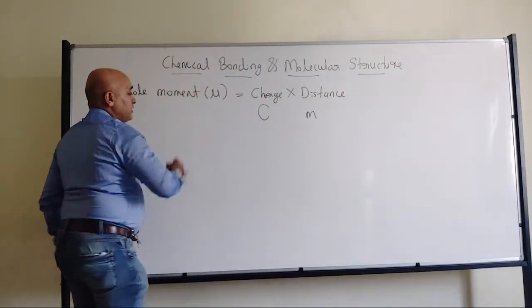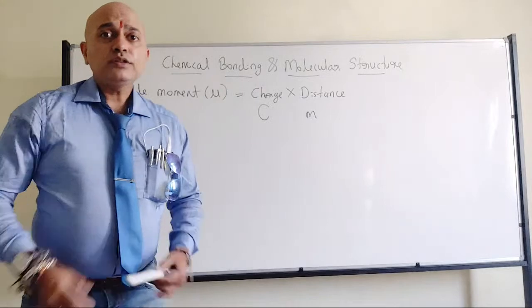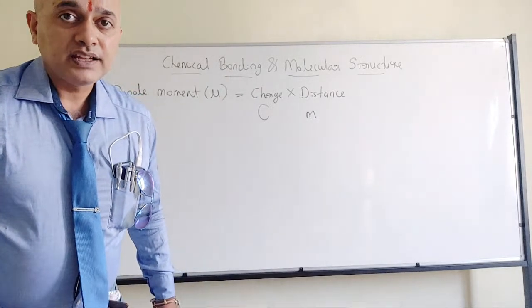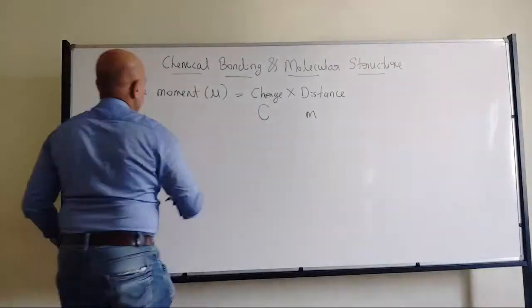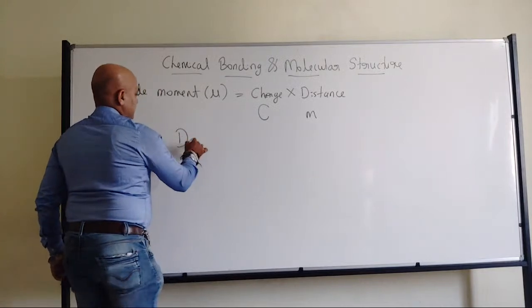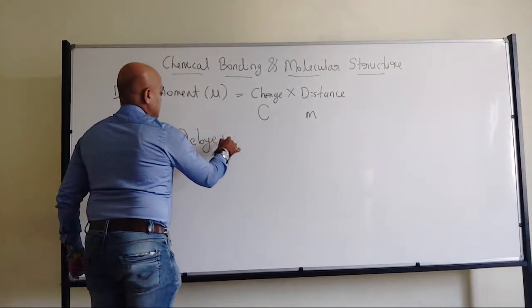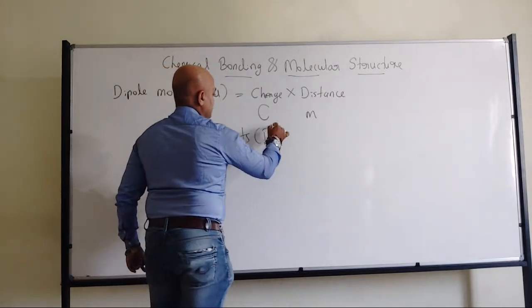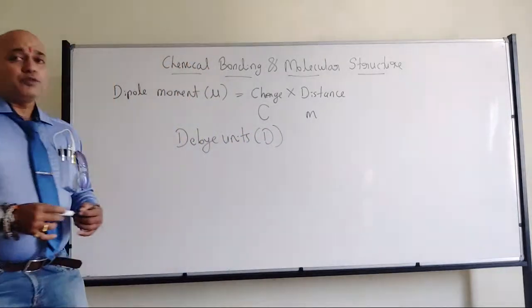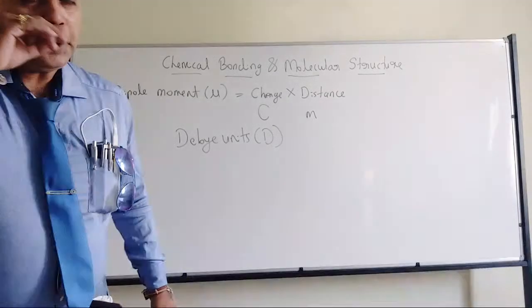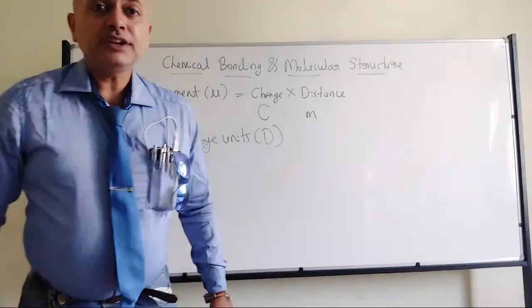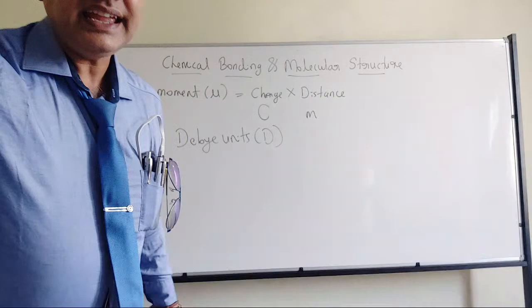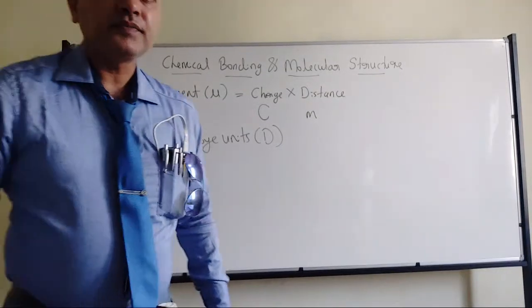Therefore dipole moment will be coulomb meter. Same way we have debye units, which is also meant for the dipole moment. One debye unit is equal to 3.33 into 10 to the power of minus 30 coulomb meter.